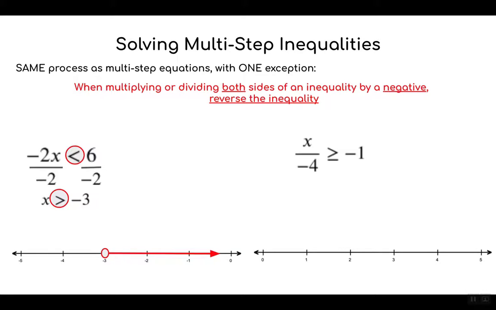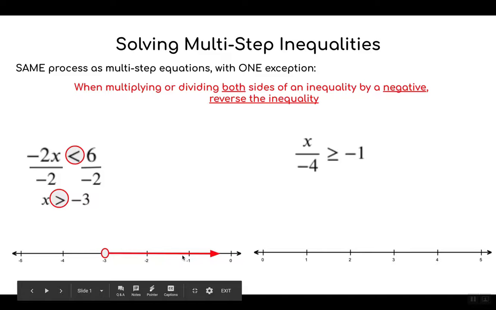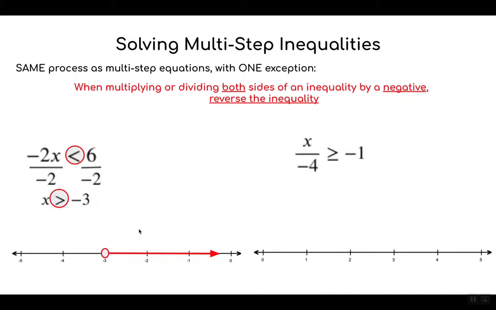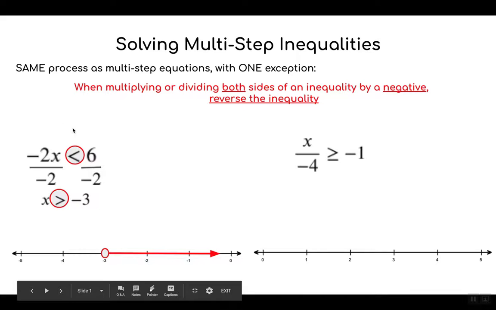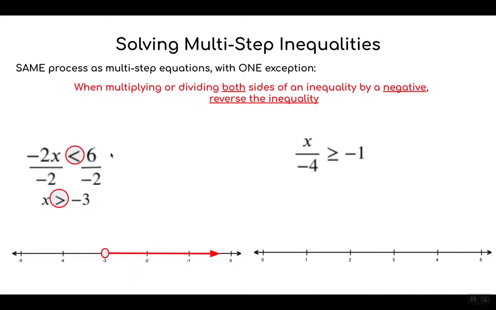For example, if we plugged in negative 2, negative 1, 0, 5, anything greater than negative 3, it would make this a true statement. If we plugged in negative 2.5, it would make it true. If we plugged in negative 2.9, for example, everything we have shaded is a solution to this inequality.